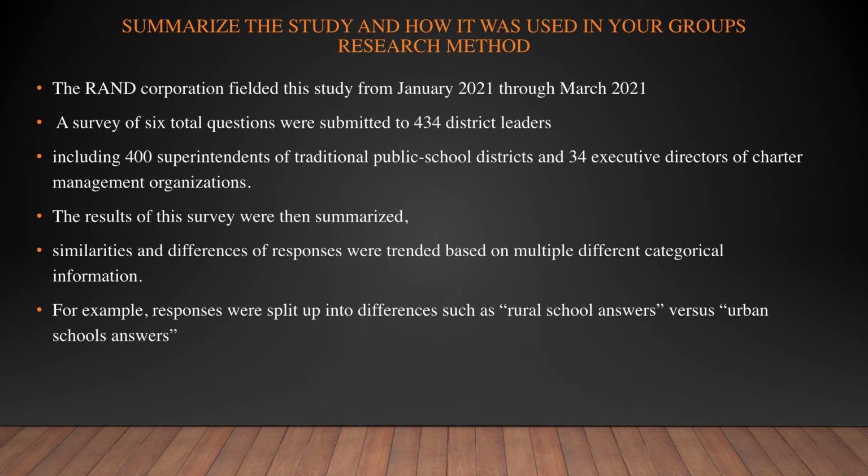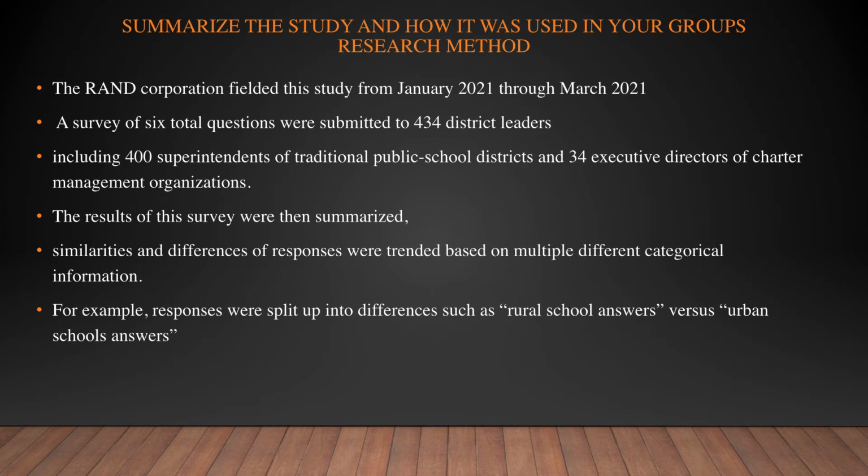Summary of the study that was used in our group project of survey research. The RAND Corporation fielded this study from January 2021 to March 2021. A survey of 6 total questions was submitted to 434 district leaders, including 400 superintendents of traditional public school districts and 34 executive directors of charter management organizations.